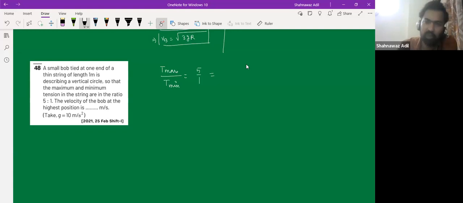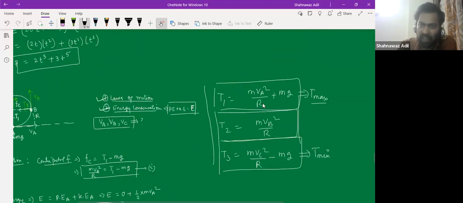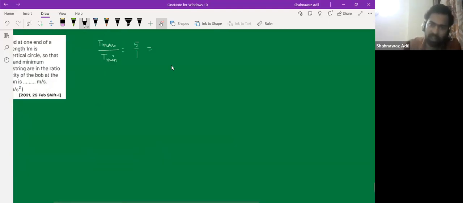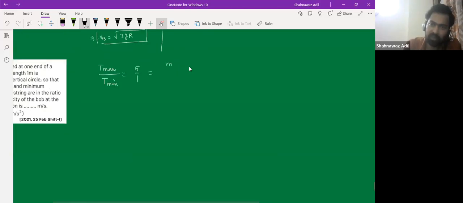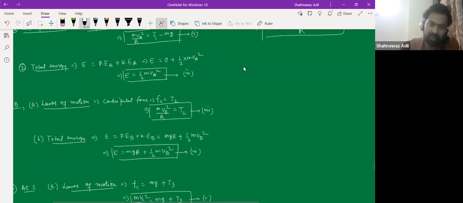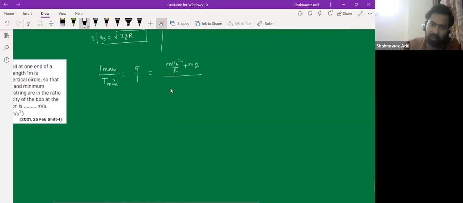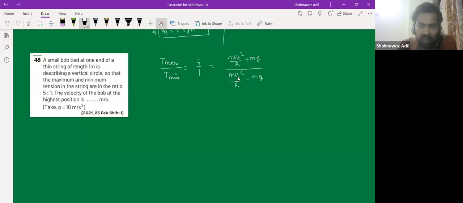T max is mVA squared by R plus mg, divided by mVC squared by R minus mg. We have to find out VC.